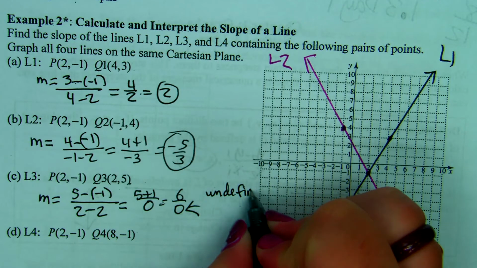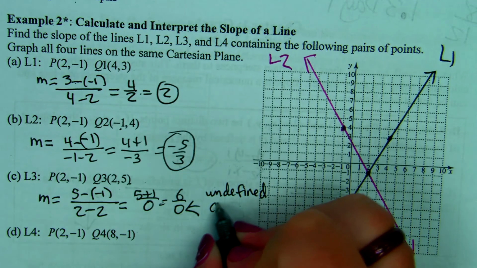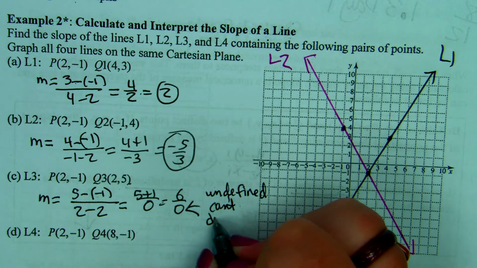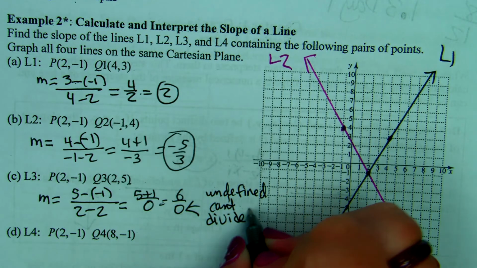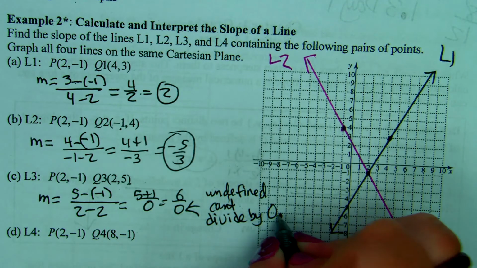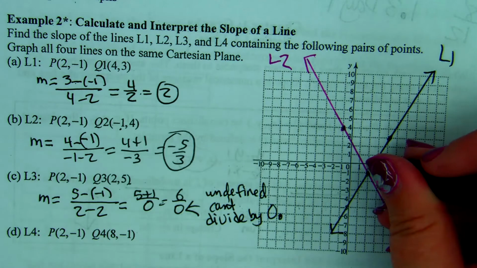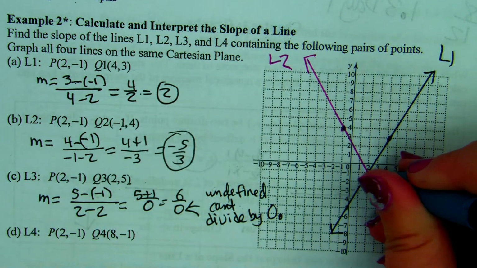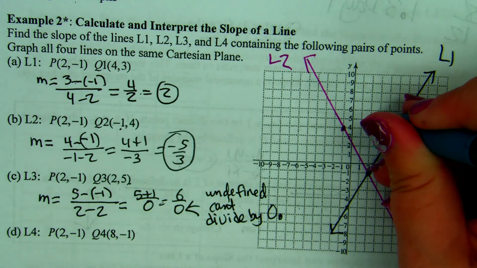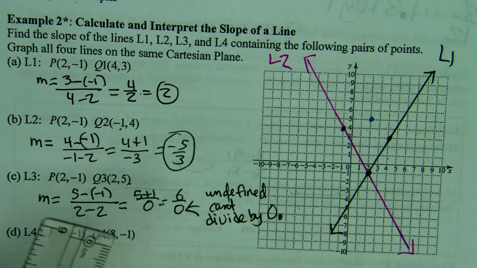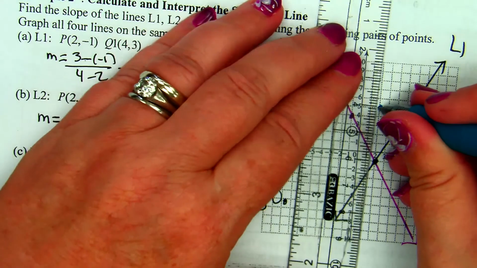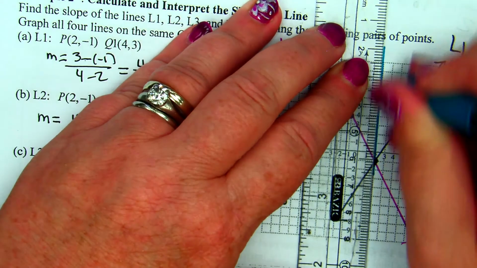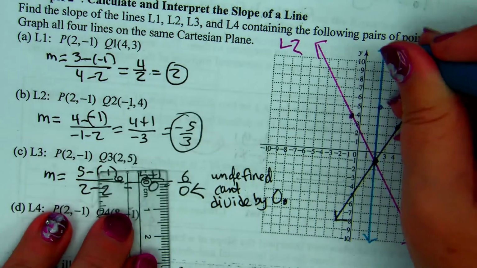It's undefined, can't divide by 0. So we start at (2, -1), and we go to (2, 5). And it's a vertical line, and it's line 3.